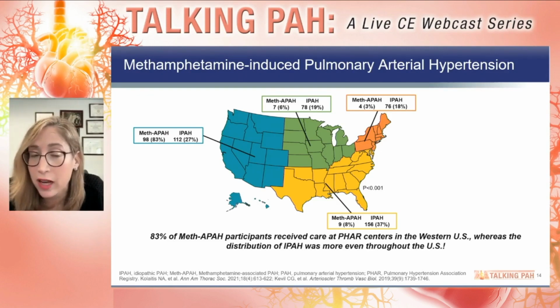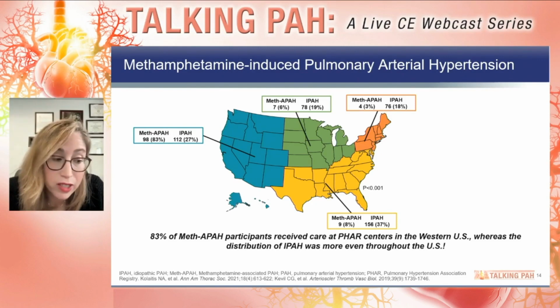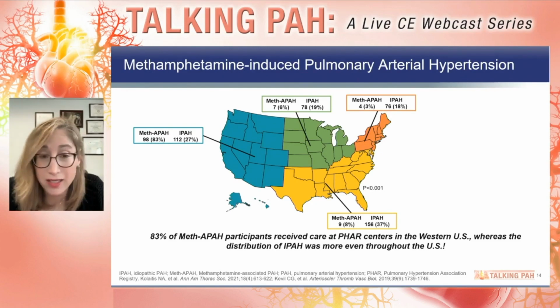And what's not on this slide is everything that was in that question. What they found was that these patients presented at a younger age, had a worse functional class, had worse hemodynamics, and actually had more ER visits. And on top of that, they had more hospitalizations.